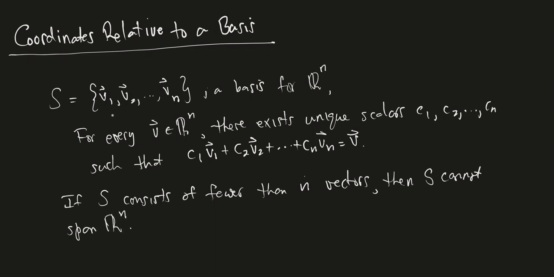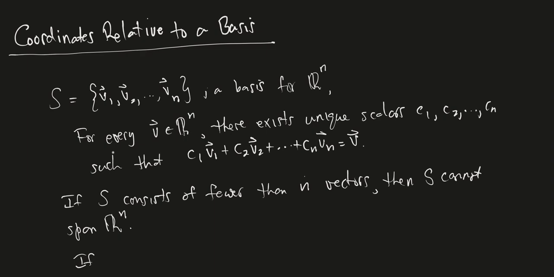There are just too few vectors. For instance, if I'm looking for a basis for R3, I can't use only two vectors to span all of R3. There wouldn't be enough. In other words, when you set up your columns, you wouldn't have enough pivots to guarantee a solution for every vector in R3. So if you have too few, then it will not span Rn.